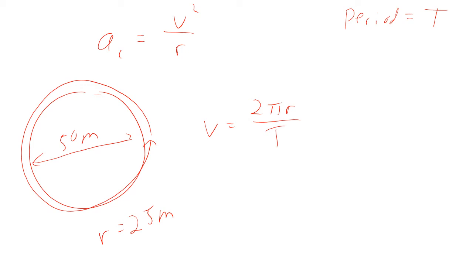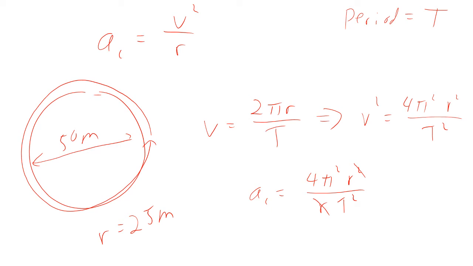And so that means that v squared is going to be 4 pi squared r squared over T squared. So if we plug that into centripetal acceleration, we have 4 pi squared r squared over r T squared. So then the r's cancel. And so we look at this, we say, well, this is pretty straightforward.